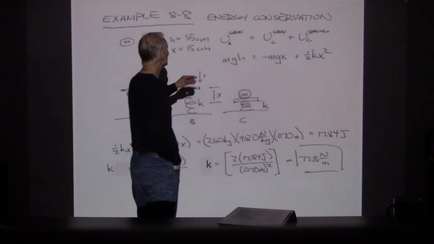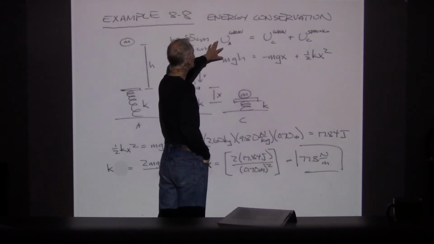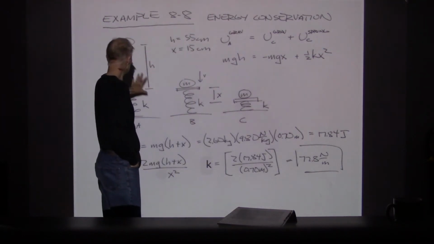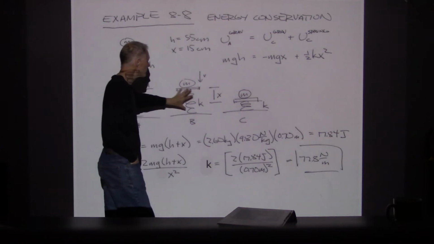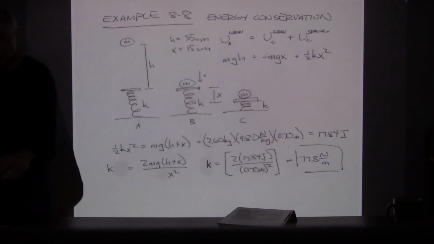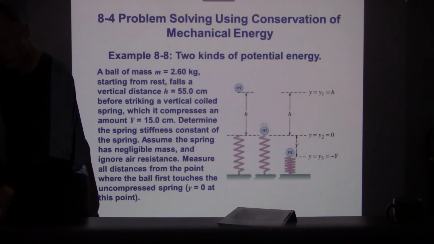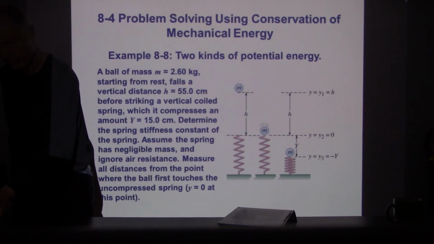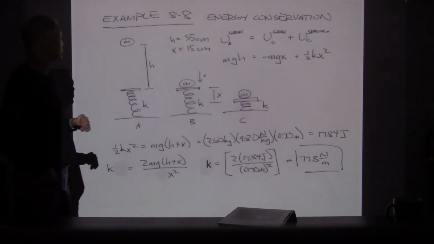So what we'll do is we'll say that the potential energy that we start with, this was picture A, this is picture B, picture C. It turns out in the problem, they don't ask us, I don't think, to determine the spring constant, K. So we're trying to calculate K here, is what we're being asked to do.